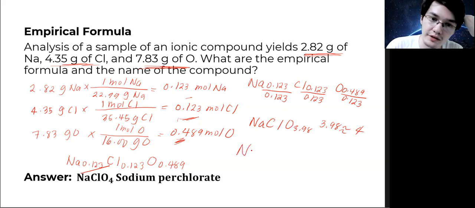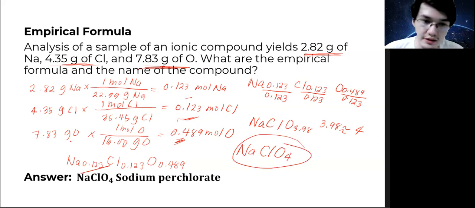So the empirical formula is sodium chlorine oxygen, NaClO4. And its name is sodium perchlorate.